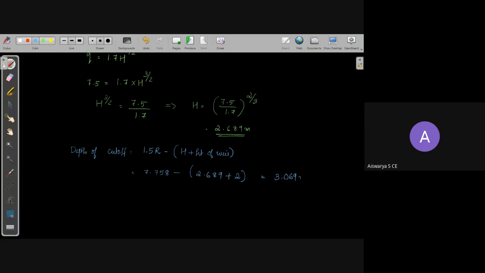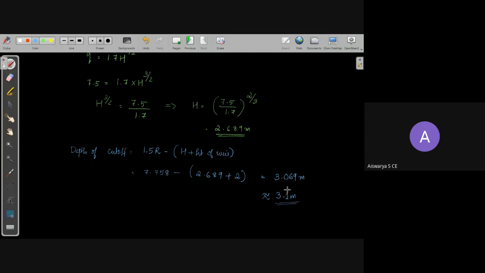So when you design a structure, we can't provide a depth like 3.069. So you need to round it off. In this type of problem, when you round off a depth, in the case of a cutoff wall, you need to round it off to the nearest decimal value. Here 3.069, I'm going to round it off to 3.1 meter.